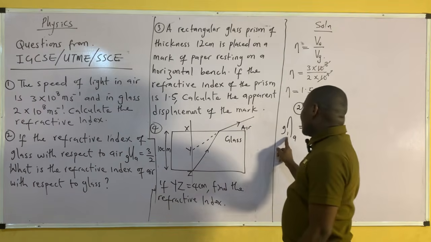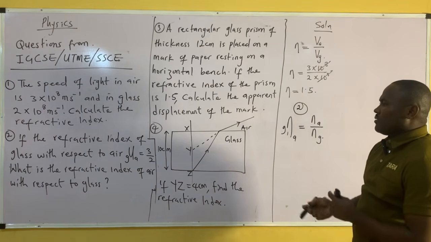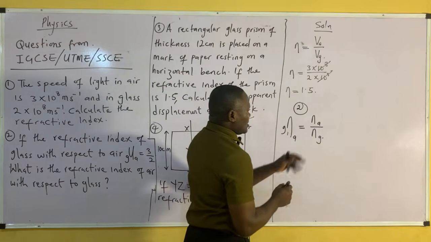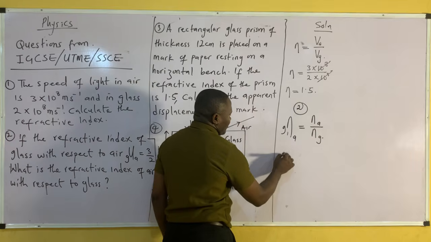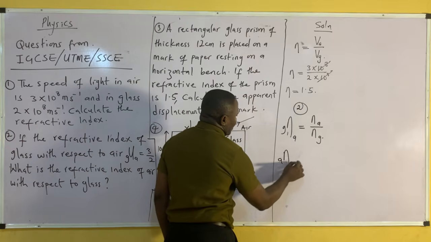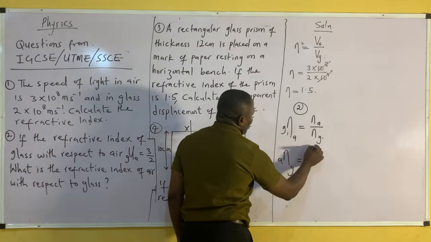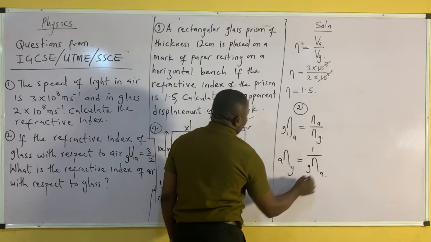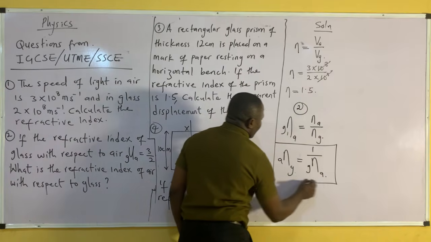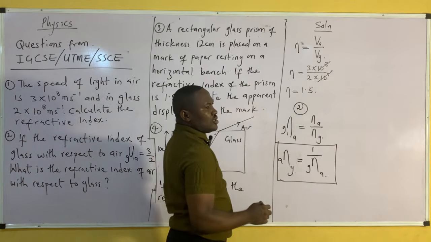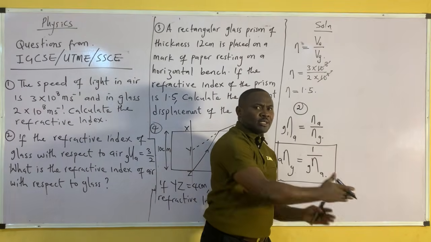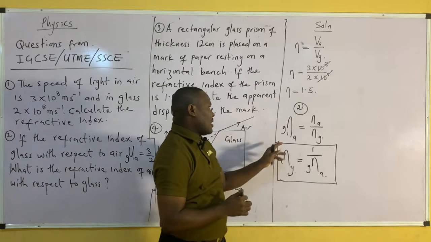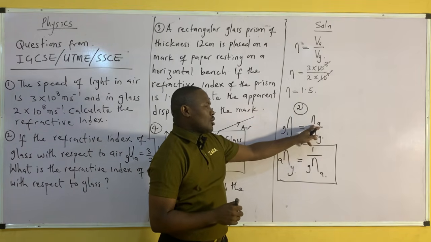This is what they gave to us. So they are now asking us, what is the refractive index of air to glass? It would definitely be 1 over refractive index of glass to air. Look at this, it's very important. It's like something going straight and reversing. It's called the reversibility of light.